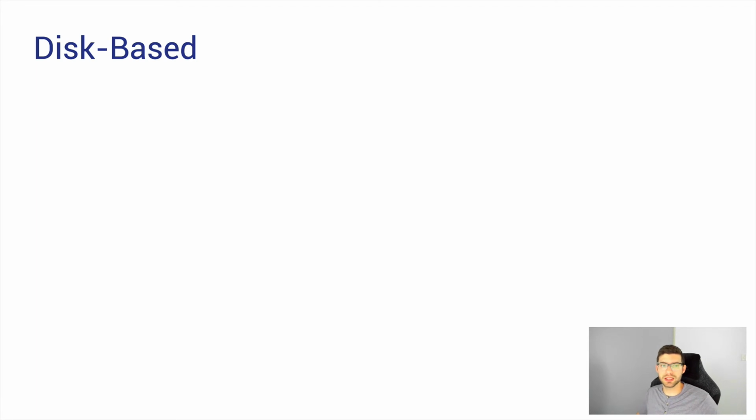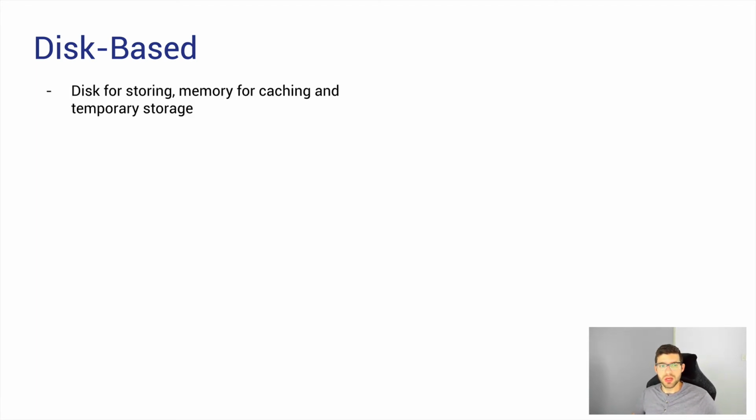Now let's talk about disk-based databases. So disk is for storing, and memory is for caching and temporary storage. And what that means is, and I'll actually give you a real-world example too, that we're going to use the disk for actually storing our data, right?